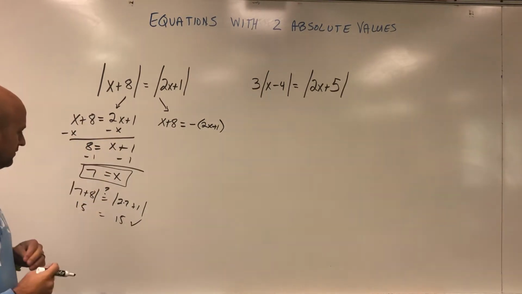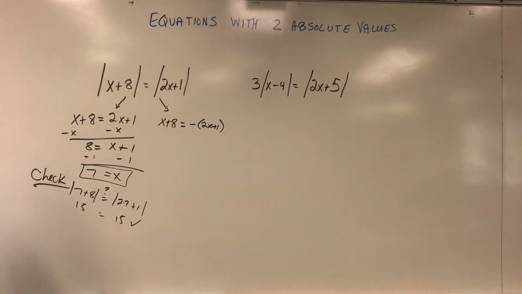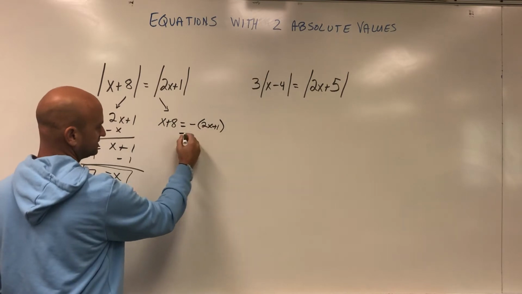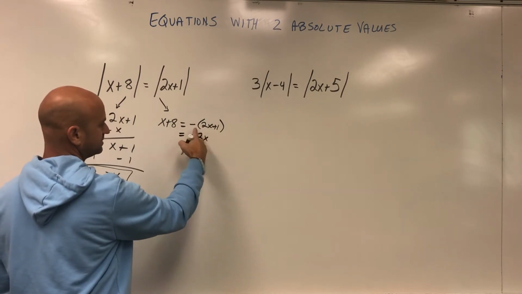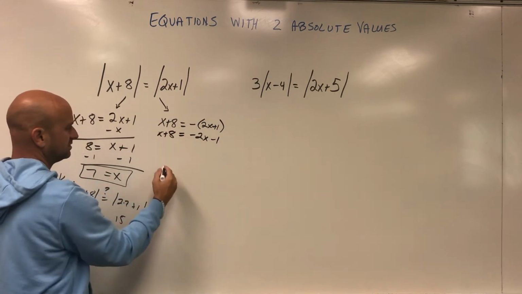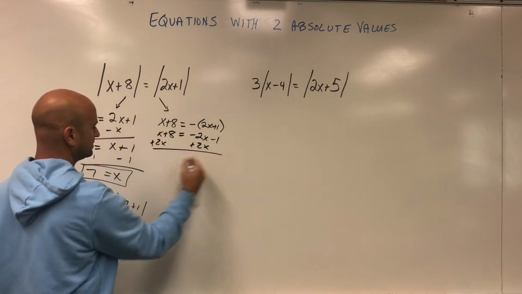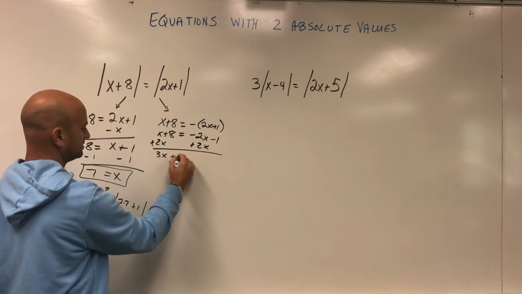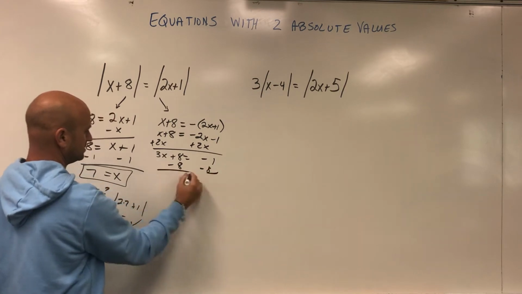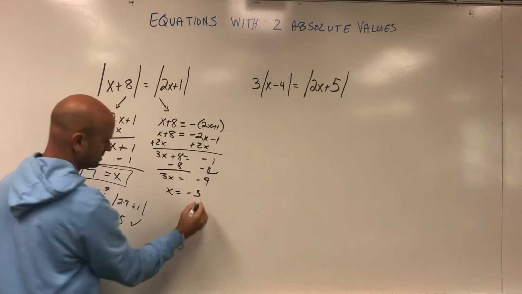All right, so now when we go over here, again, this is our check. Over here, we're going to change the signs on this, so negative 2x and a negative 1. I'm going to move the variable term, move the number term, and we get our solution.